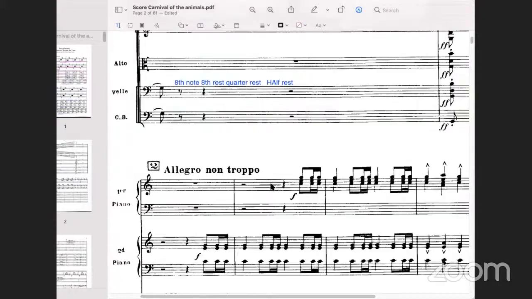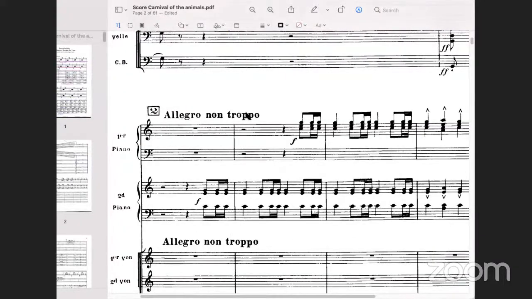Same thing in this line. Allegro non troppo, not too fast. So forte, whole rest, half rest, quarter rest, eighth note, 2/16, quarter note, eighth note, 2/16, quarter note.